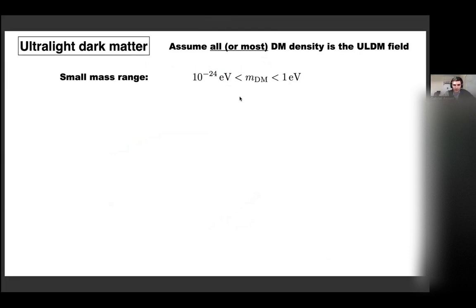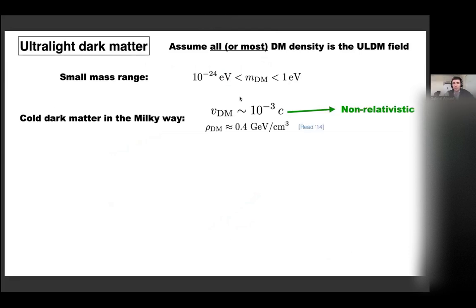So I take literature values for various things. For example, experiments have ranges of values for the velocity of dark matter within the Milky Way, and also the energy density that it represents. These are standard literature values, which for cold dark matter means that the velocity is quite small compared to the speed of light, making it non-relativistic.